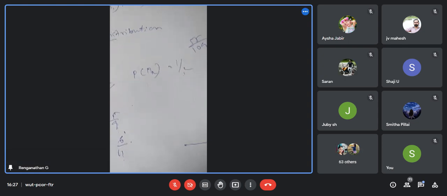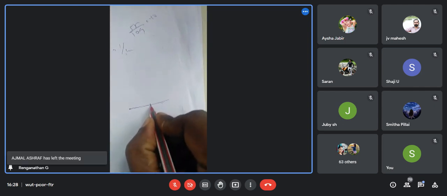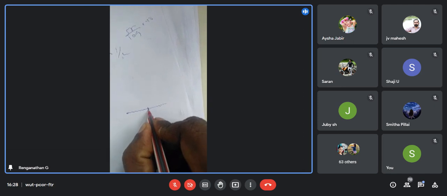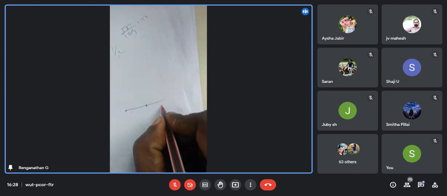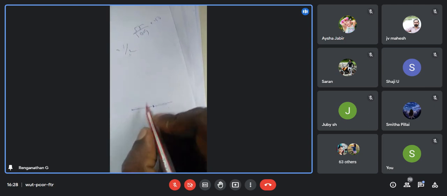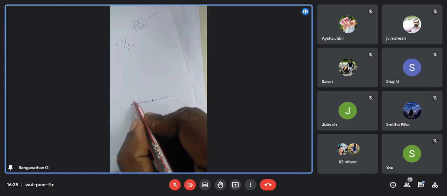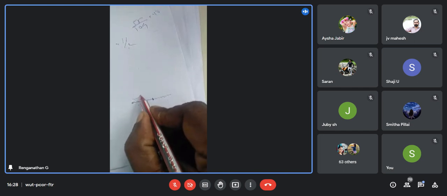So when we toss a coin, there's a chance of getting a head which is 50%. Similarly, the chance of getting a tail is also 50%. So we can divide the whole data into two equal parts. Okay, 50% on the negative side means not getting that, and 50% on the positive side means getting that. Okay, when we draw a graph by using mean, median, mode and standard deviation, the curve looks like this.